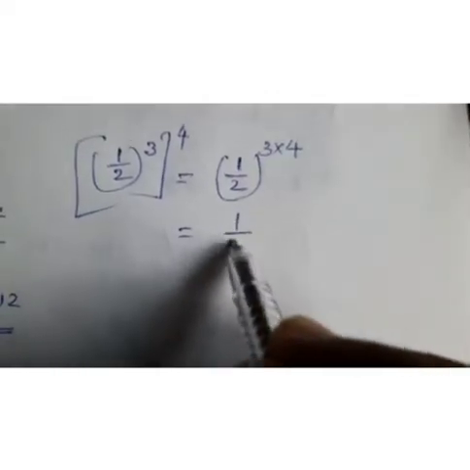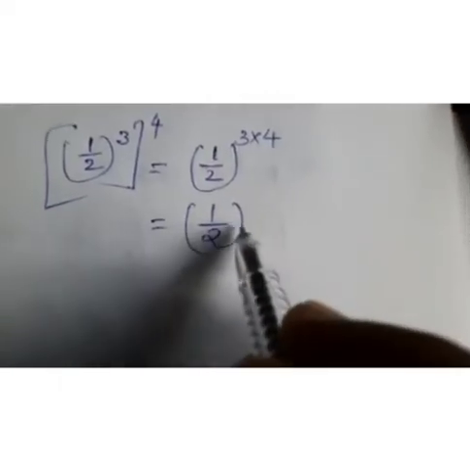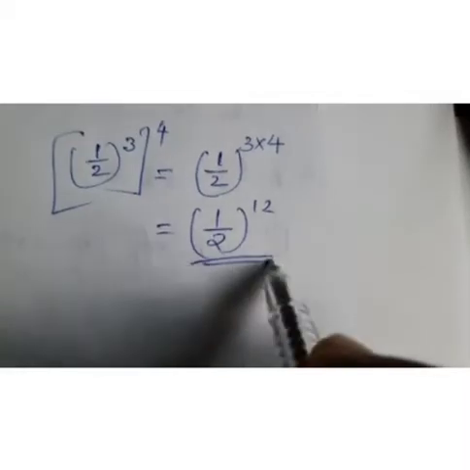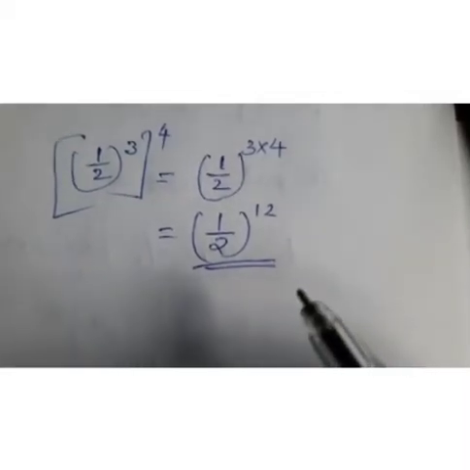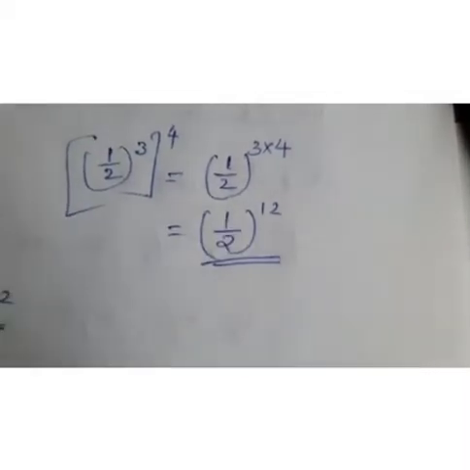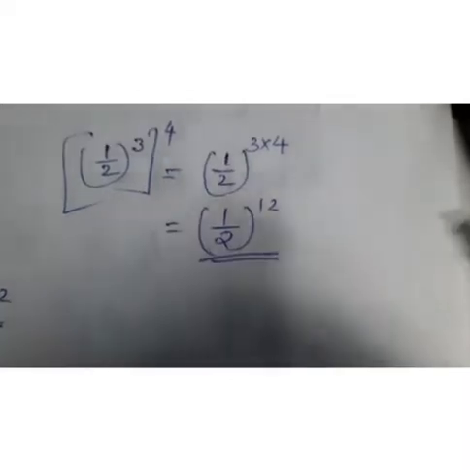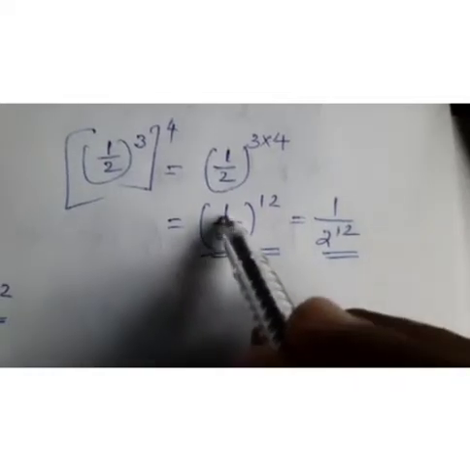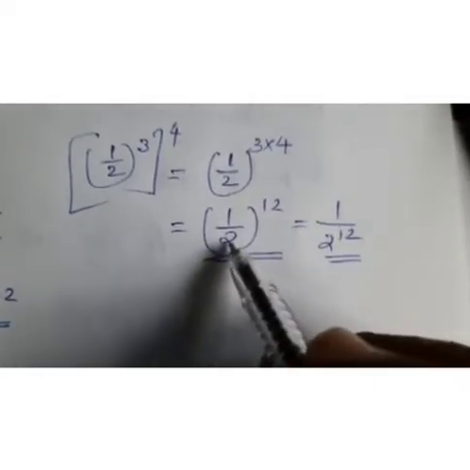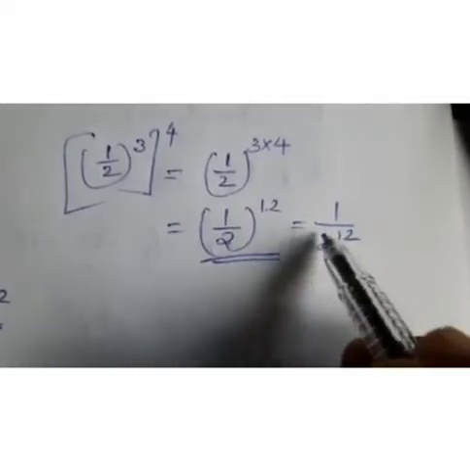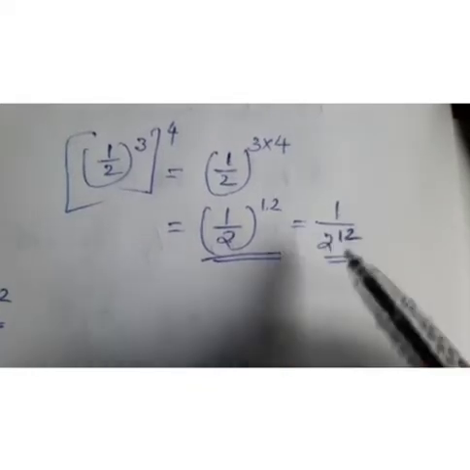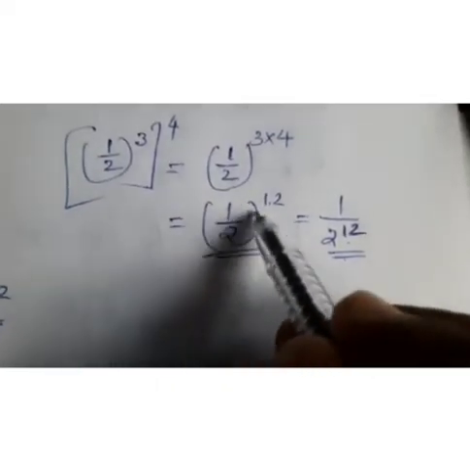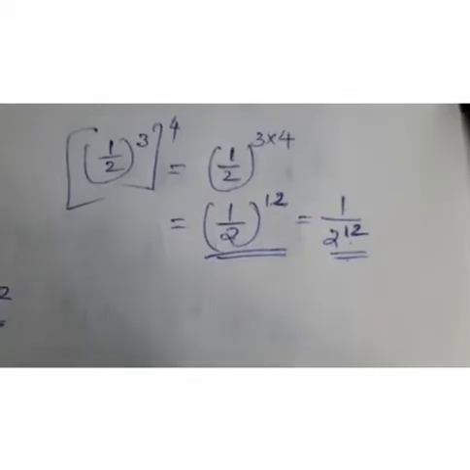So the answer we are getting is (1/2) raised to 12. This we can write as 1 raised to 12 by 2 raised to 12 also. 1 raised to 12 is 1 itself. Then 2 raised to 12. So (1/2) raised to 12 we can write, or (1/2) whole raised to 12 also we can write.